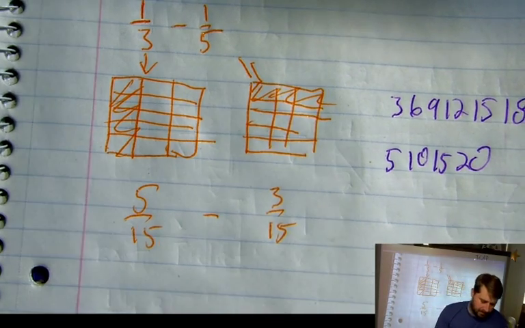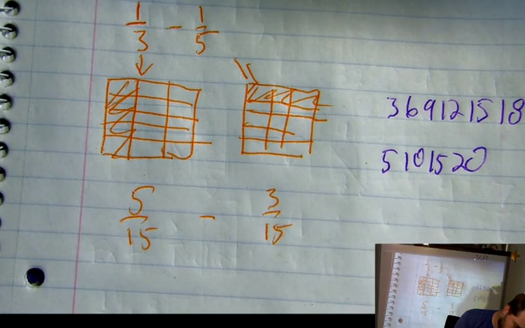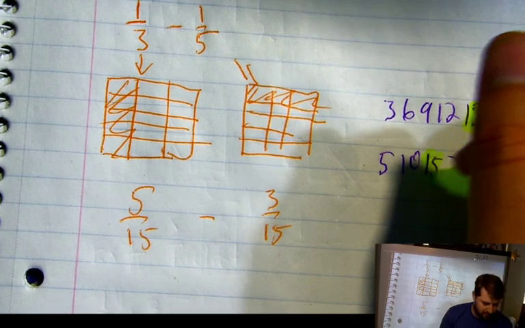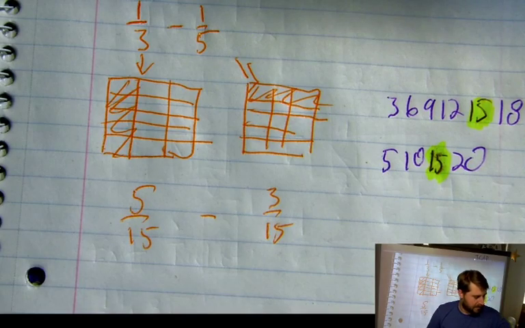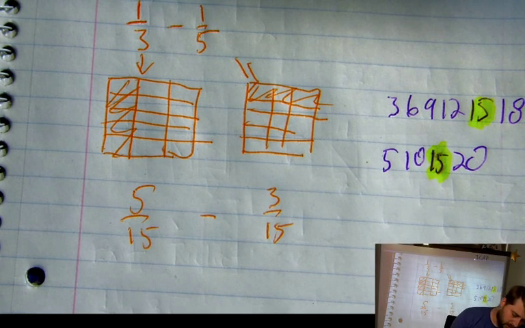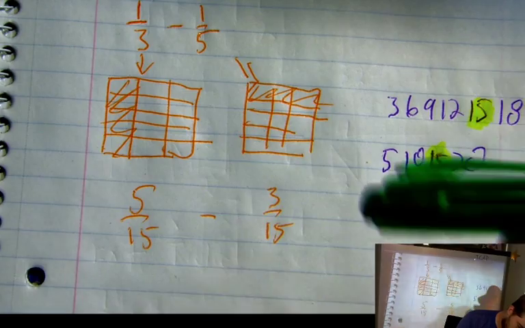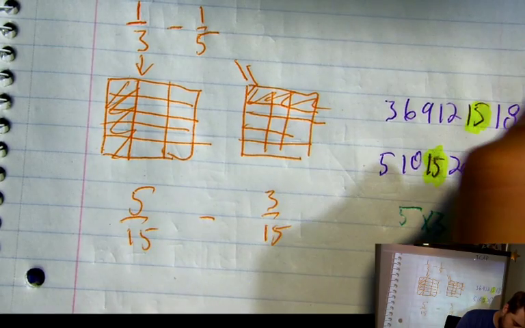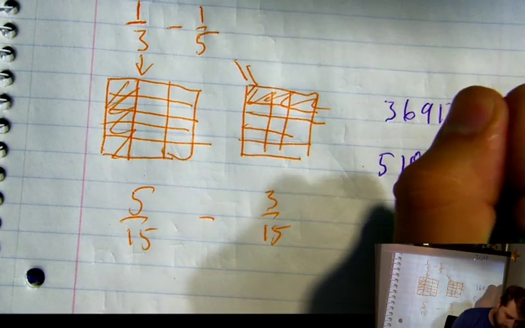And we would see, hey, the number that appears in both of these lists is 15, so 15 is going to be our denominator. I bet you've also started to notice that if we multiply the two denominators we started with, 5 times 3, we also get 15. Interesting.